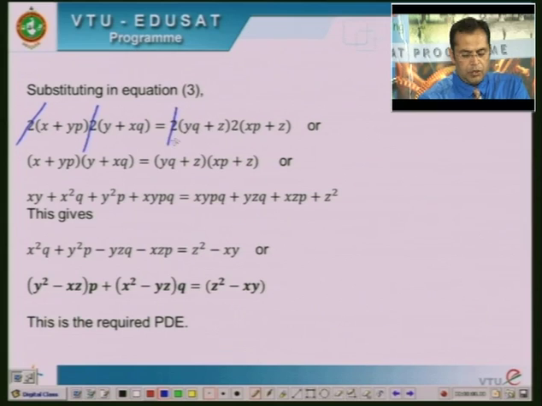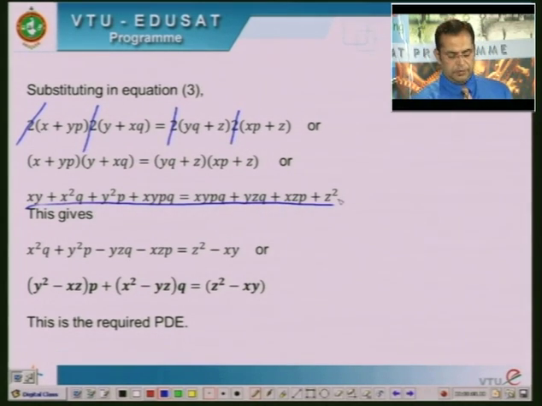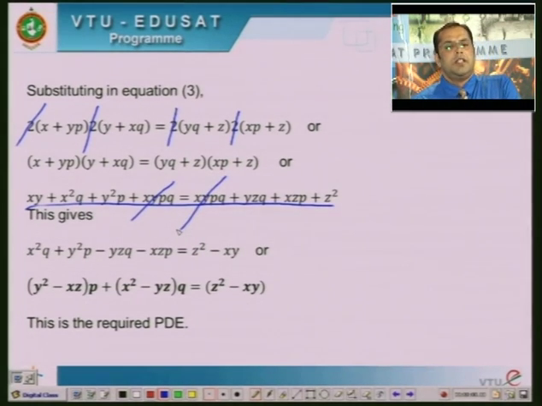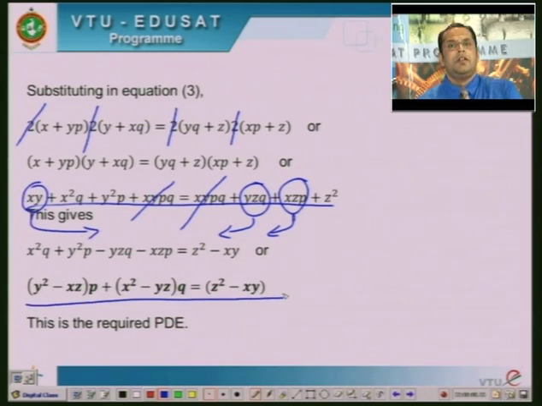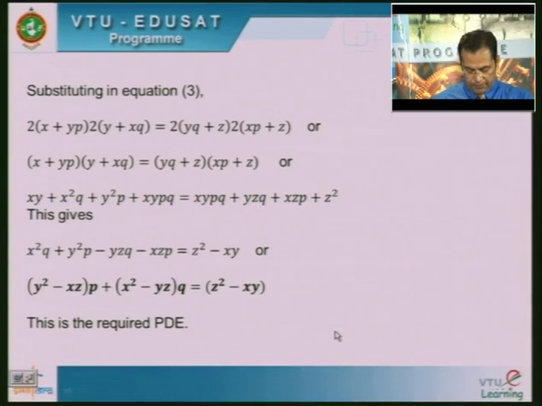So, cancel 2 into 2 is 4 on both sides and then multiply across, cancel the terms which are equal and shift PQ terms to LHS, terms not containing PQ to RHS to get you finally this expression: y square minus xz into P plus x square minus yz into q equal to z square minus xy, which will be the required PDE.